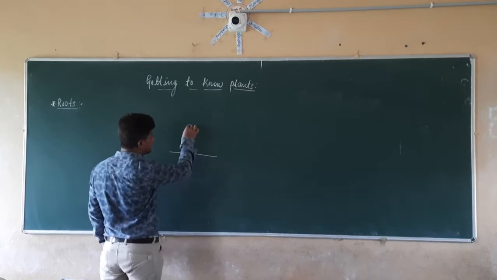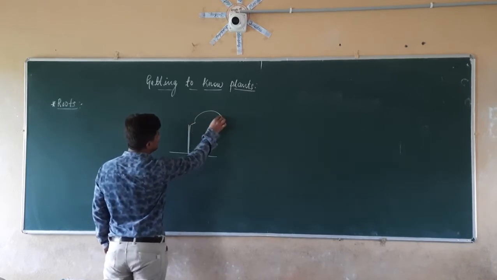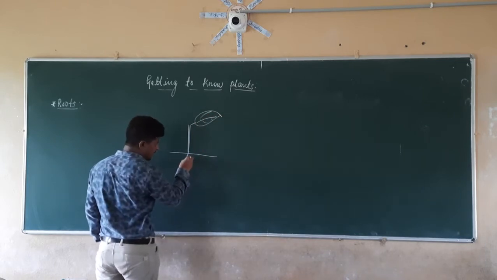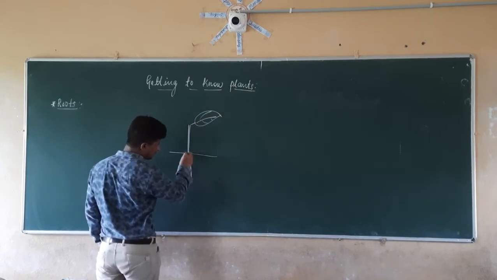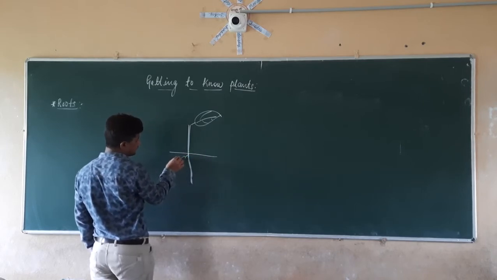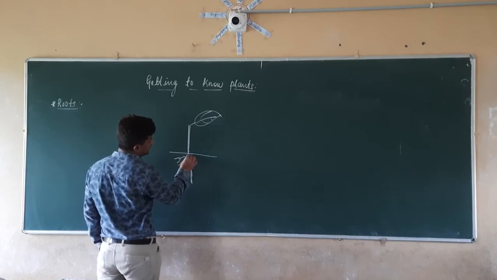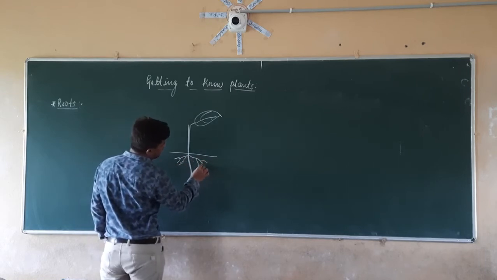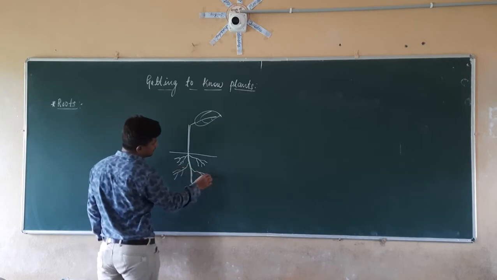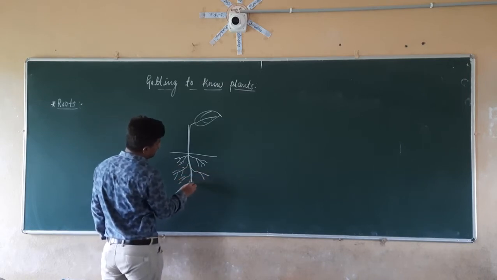If you take a plant like this one, we are going to see a root like this. In that root there will be many branches like this. Here the second root has many branches. We have two types.